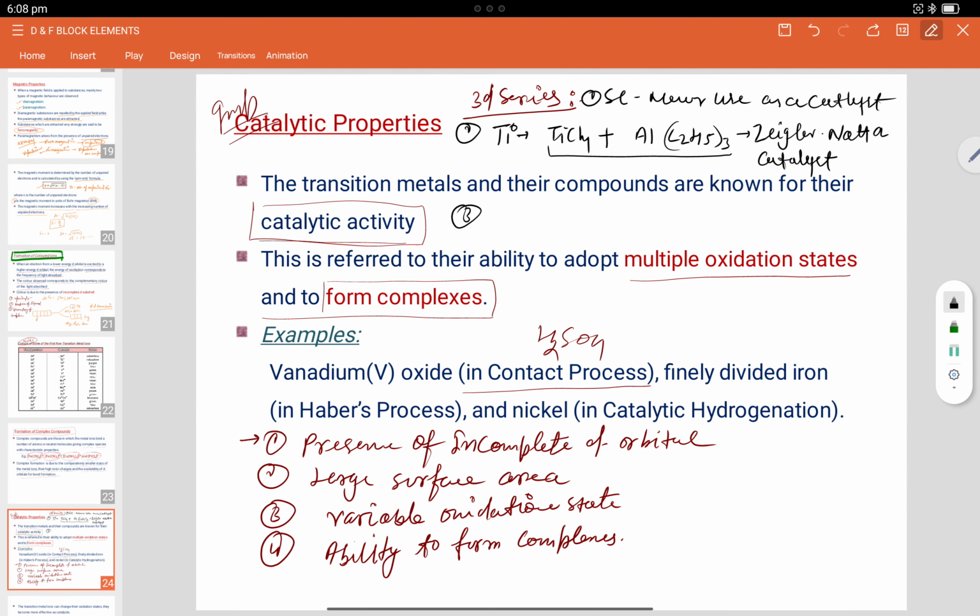Vanadium V2O5, vanadium pentoxide, that you know, is used in the contact process. Chromium is used like Al2O3 plus Cr2O3, that is used in aromatization.